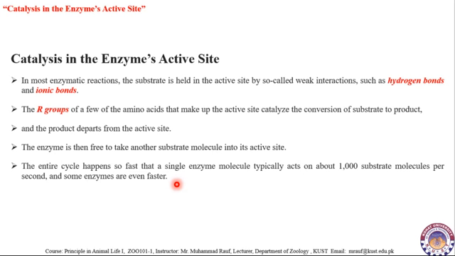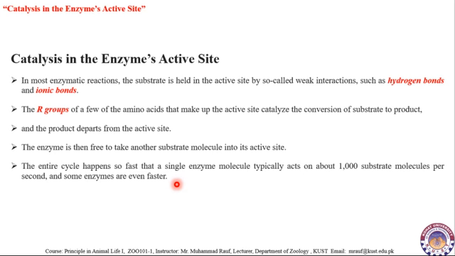So all this activity takes place in a short period of time, and there are enzymes which can break down a substrate into its product at a speed of 1,000 substrate molecules per second. So this is actually the turnover number.